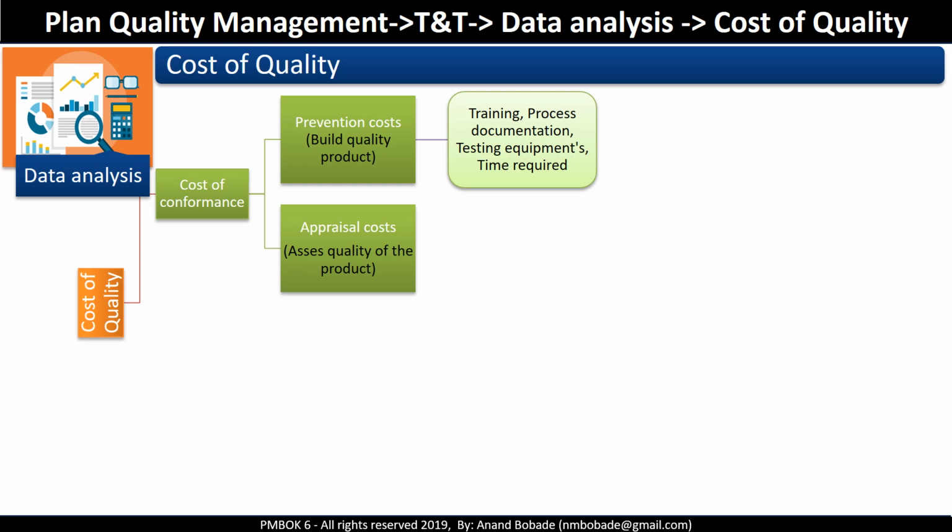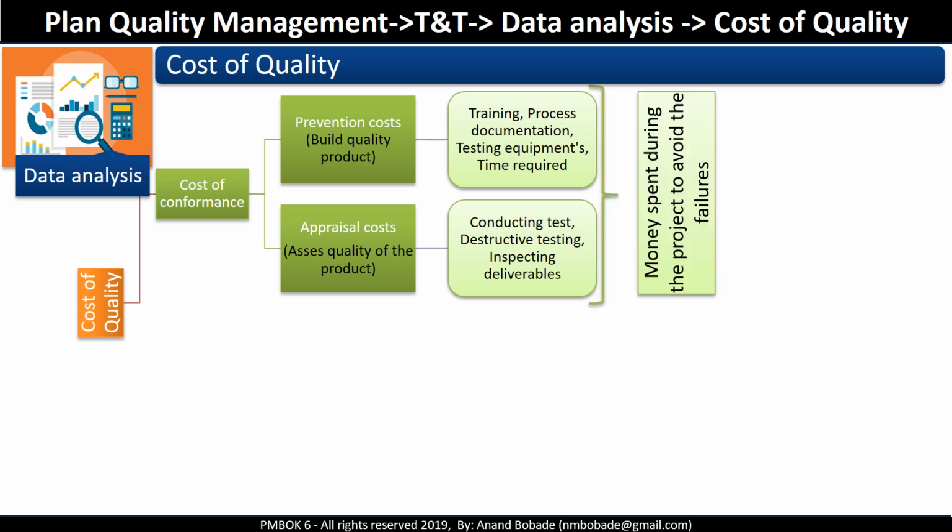Appraisal cost, which means cost of assessing quality of the product. For example, conducting tests, destructive testing, inspecting deliverables, etc. Overall, cost of conformance includes money spent during the project to avoid the failures.